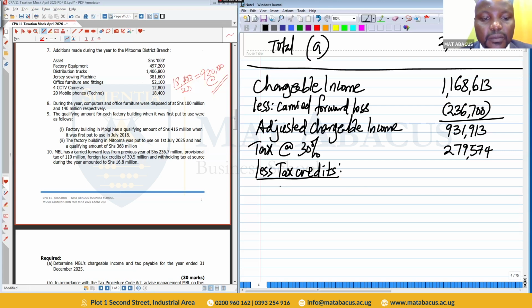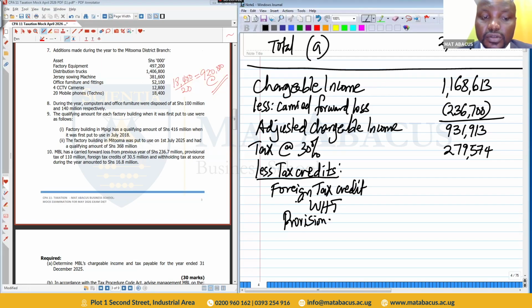So the first one is foreign tax credit. Then two, you have withholding tax. Then after withholding tax, we have provisional tax.